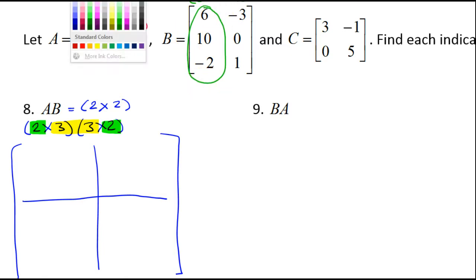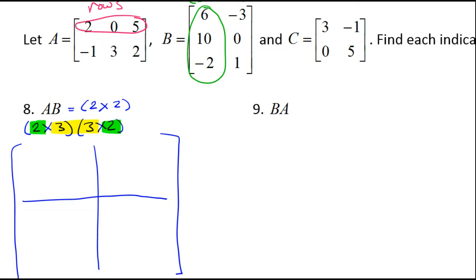And here's how I do it. So row 1 is 2, 0, 5. Even though it's a row, I'm going to write it vertically for easy calculation. 2, 0, 5. So this is my row. And now that's supposed to be multiplied by this column, which is 6, 10, negative 2.